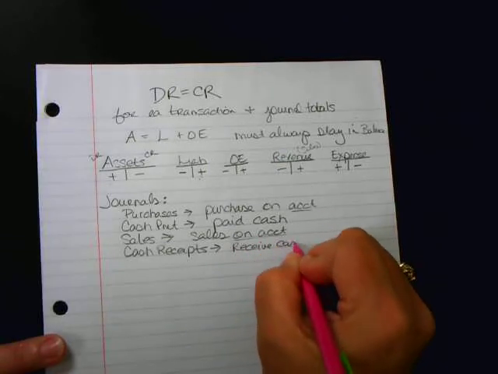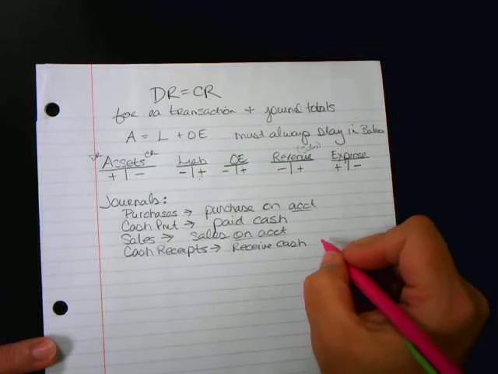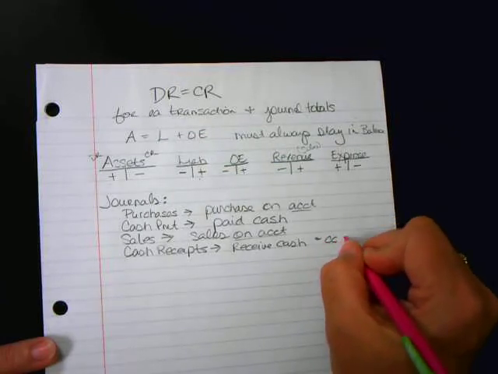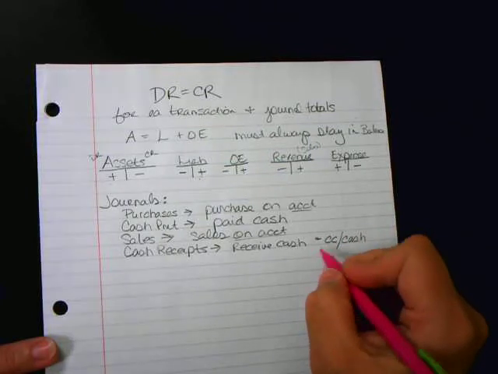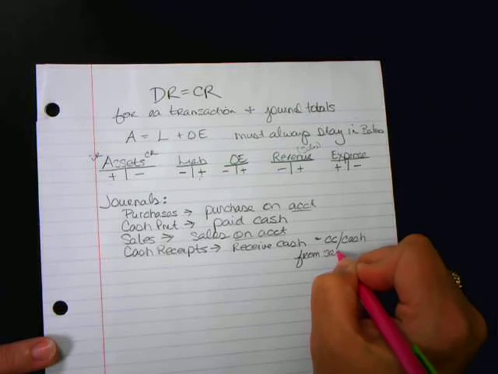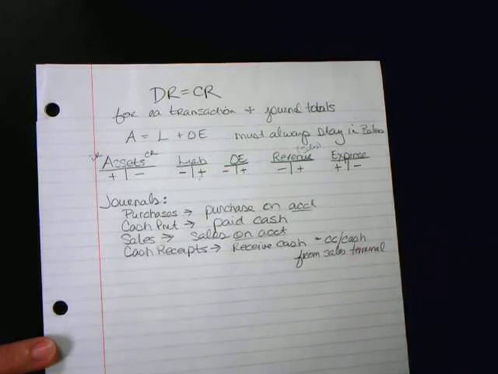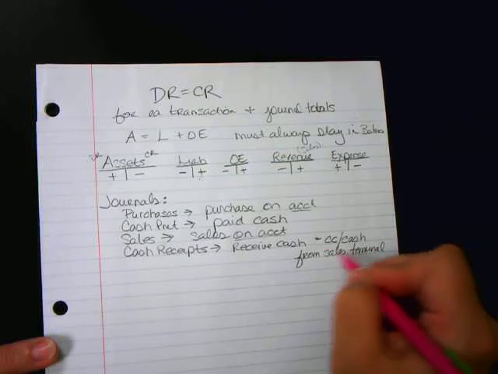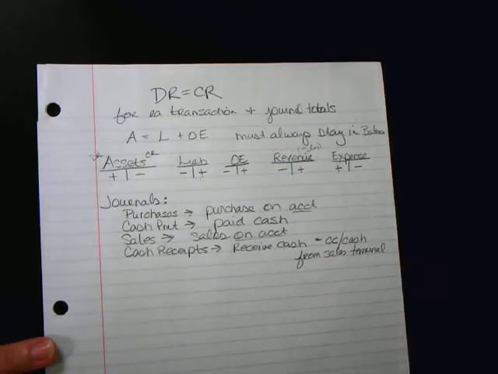So from somebody that owes us money, they're buying something from us. And this includes the credit card cash from sales terminal, which is the cash register. Okay, remember TS, terminal sales, is the abbreviation for that, so that's why I use that verbiage.